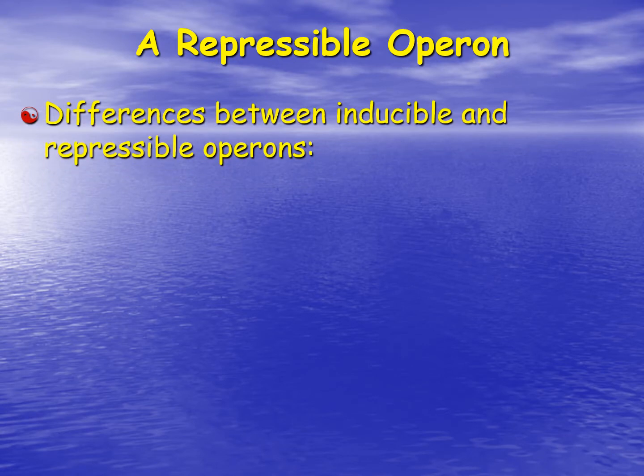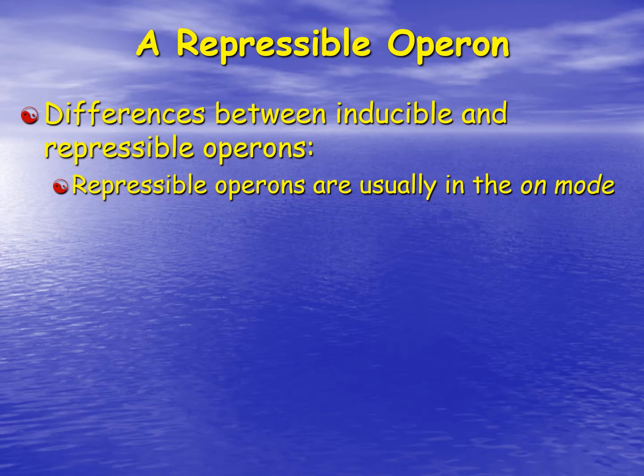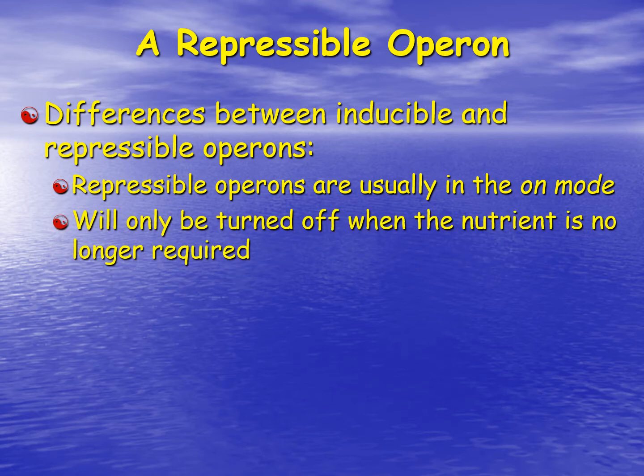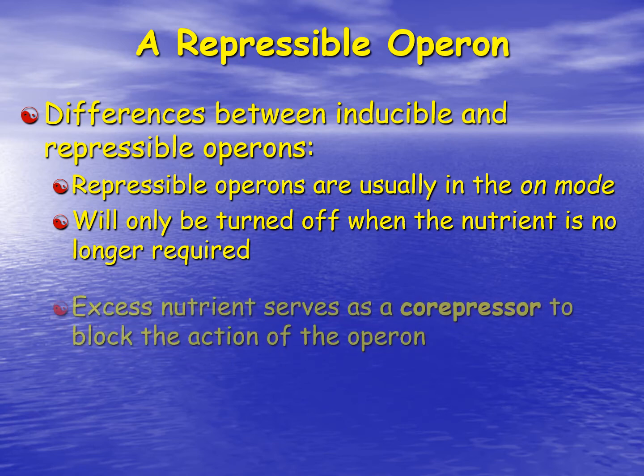Now, repressible operons are usually in the on mode. They are being transcribed and translated, but they will be repressed or turned off when the nutrient they're making is no longer required.